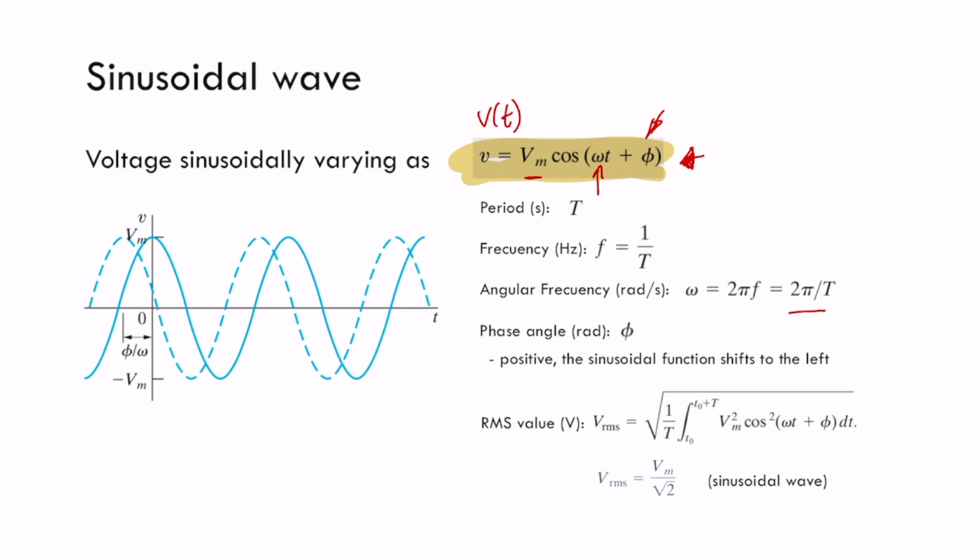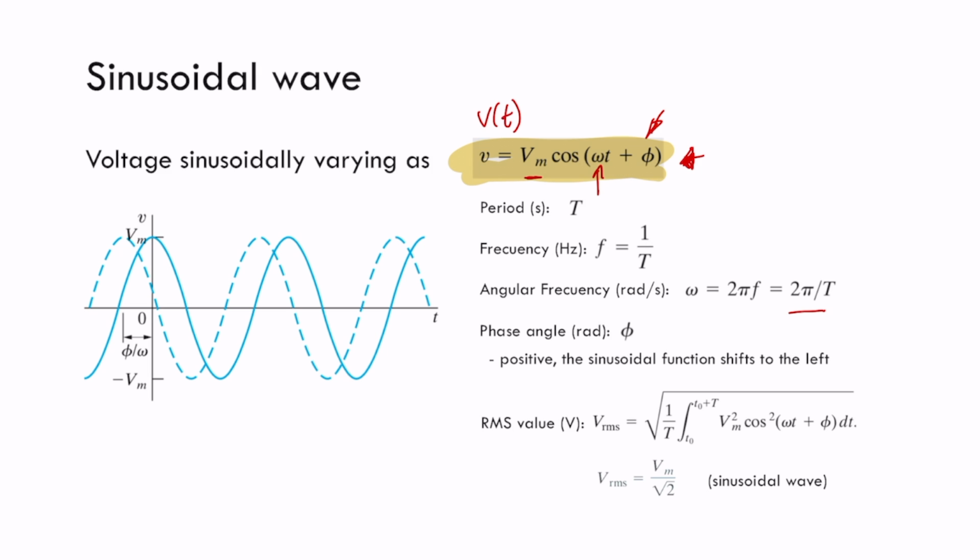A very important value that we are going to use here is what is called RMS, or root mean square. How can we compute this root mean square value for this sinusoidal wave?